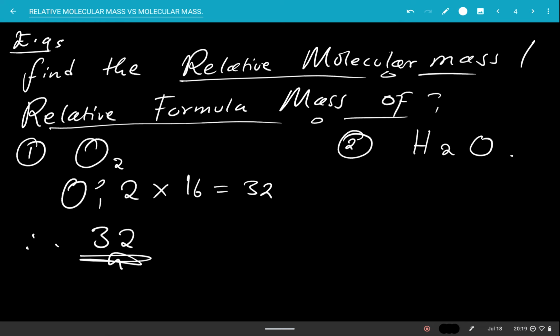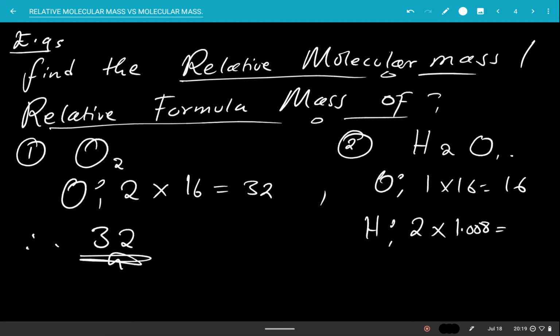You know, when there's a 2, it simply means it's oxygen gas. We do the same thing for water. So we get oxygen, we have 1 atom of oxygen. We say 1 times 16, giving us 16. Then we get hydrogen. We identify the number of atoms of hydrogen present, which is 2, times the atomic mass of hydrogen on the periodic table, which is 1.008. If you multiply 2 by 1.008, this will give you 2.016. Remember, the formula mass tells you the sum of all the relative atomic masses that are present in that formula.